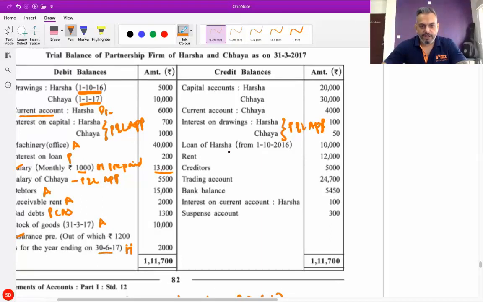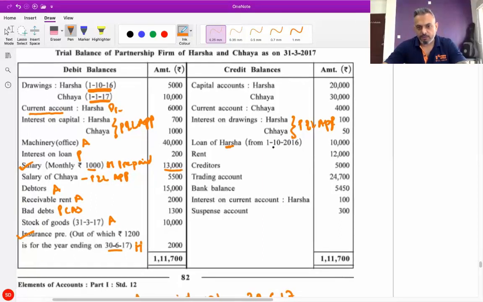Loan of Harsha. Now Harsha is our partner, 1/10/2016. So tick it, it's a hidden adjustment. 6% interest on loan, we have to provide for how many months? October, November, December, January, February, March, 6 months. So 10,000 into 6% into 6/12, which comes to 300.